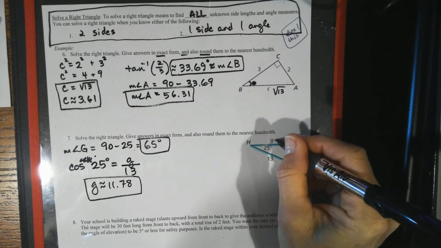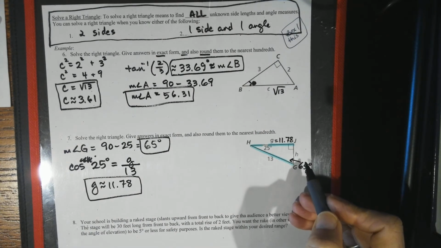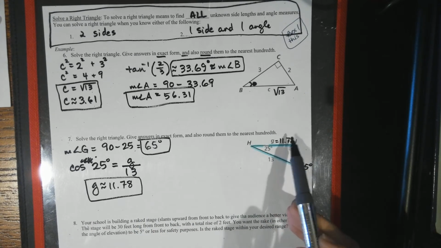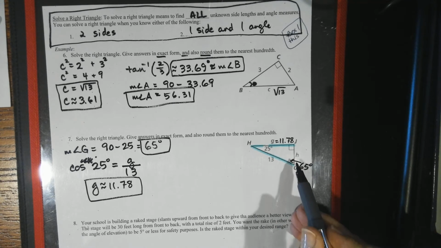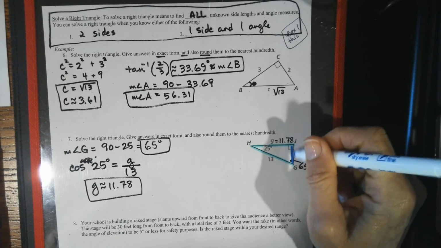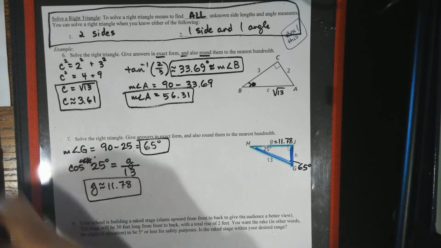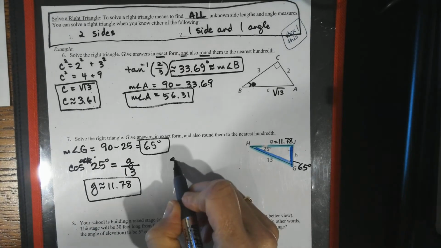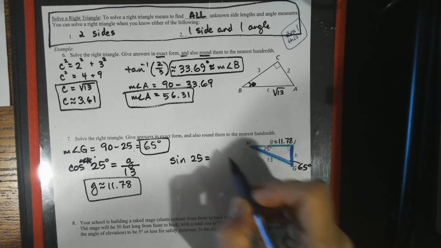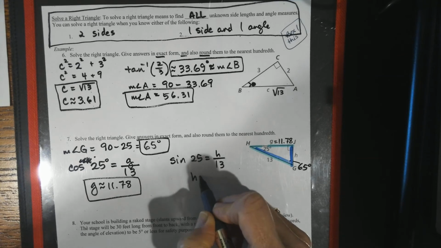Okay, so if this is 11.78, you could technically find h by doing the Pythagorean theorem, 13 squared equals this squared plus that squared, but it might just be easier to use the opposite side from 25. Here's the opposite side over the hypotenuse. So that's going to be sine of 25 equals h over 13, and you'll get the same type of thing.